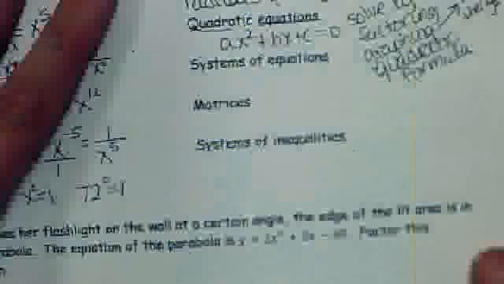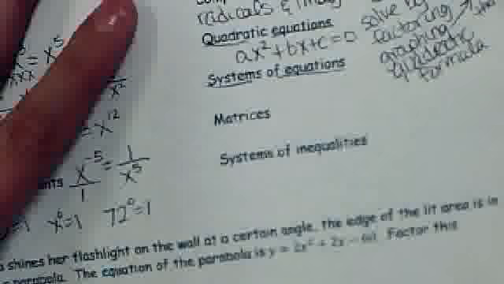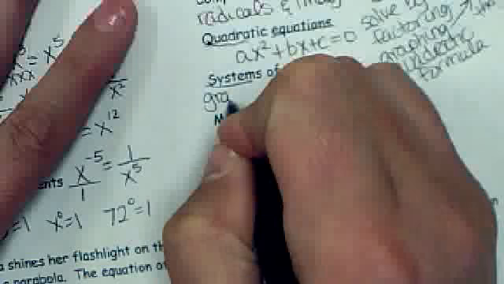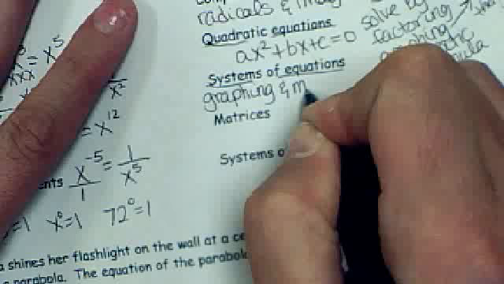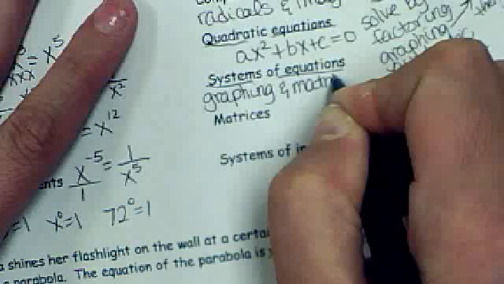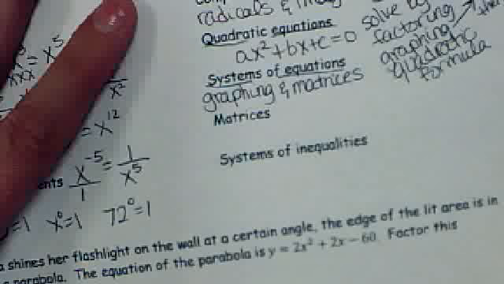So the next vocabulary is systems of equations. Systems of equations are 2 or more equations. We solve systems mostly by graphing and matrices. We could do substitution and elimination as well. I think for the EOC it's probably going to save you more time if you graph or do the matrix method.